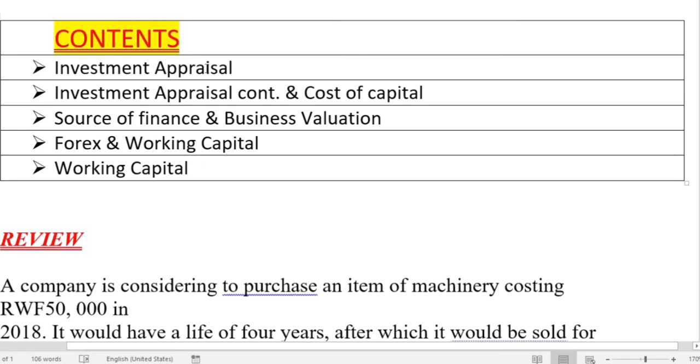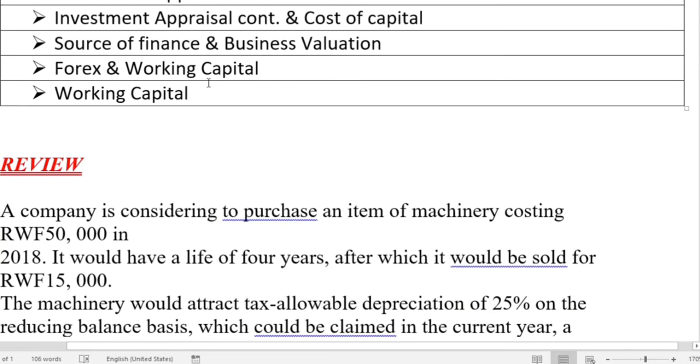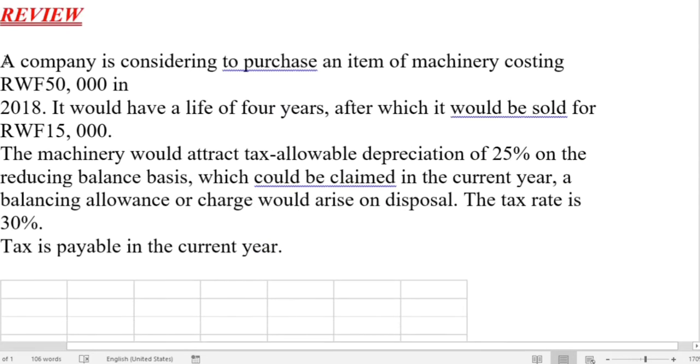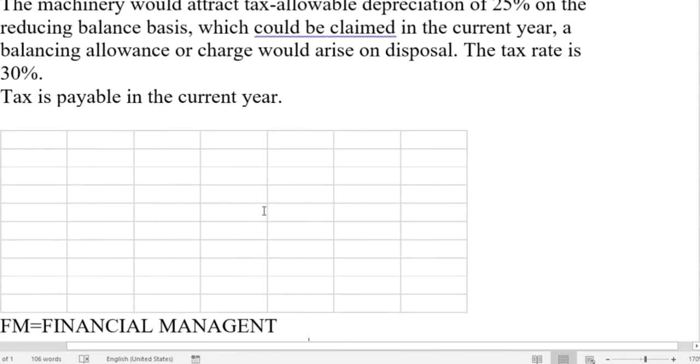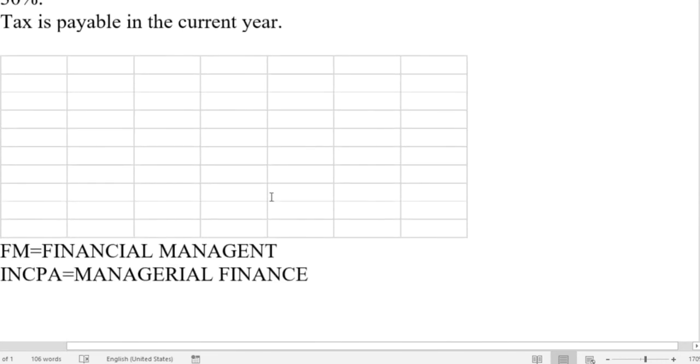This is the content. This is the question I have read in the PDF. We're going to start. I'm going to use Excel, and I also have my calculator.